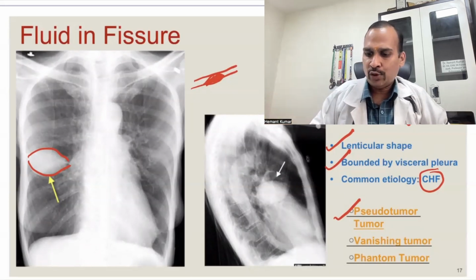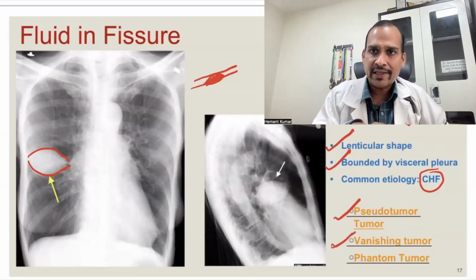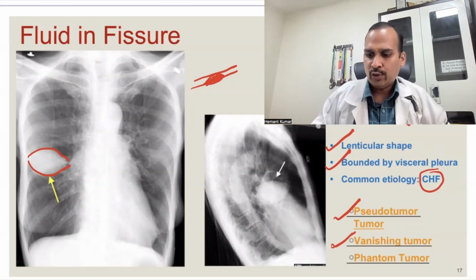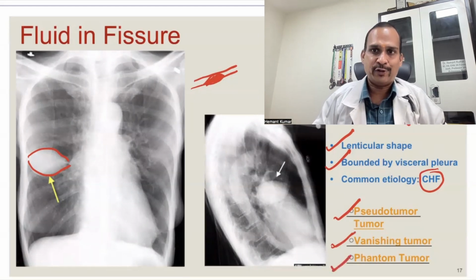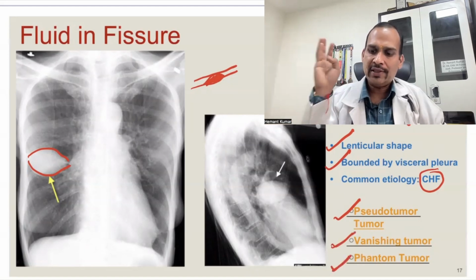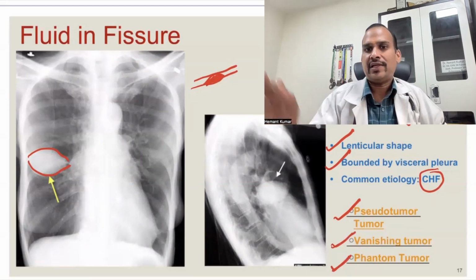That's why it is also called vanishing tumor, because it looks like a tumor, but it gets cured by giving diuretics or treatment. It is also called phantom tumor, false tumor. It's not a tumor, it's a false tumor. That's why pseudotumor and phantom tumor, because it is a false tumor, and vanishing, because when you give treatment, it will subside.